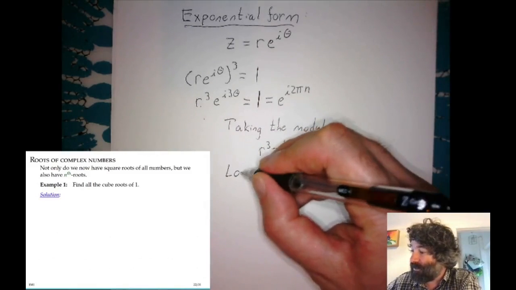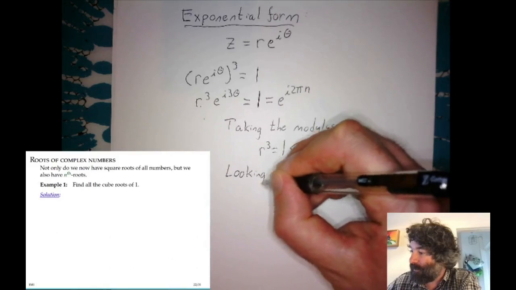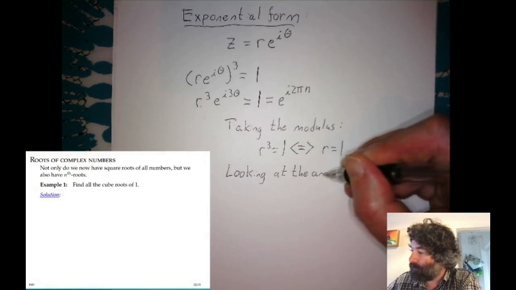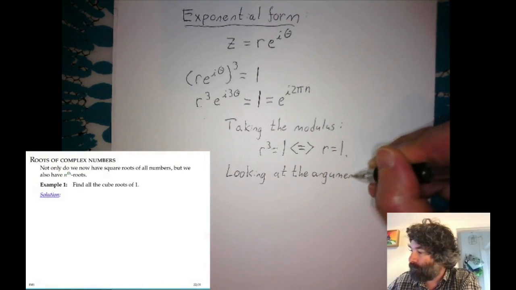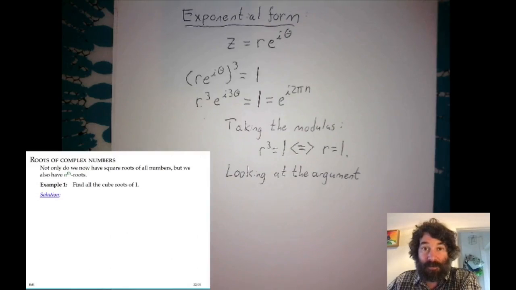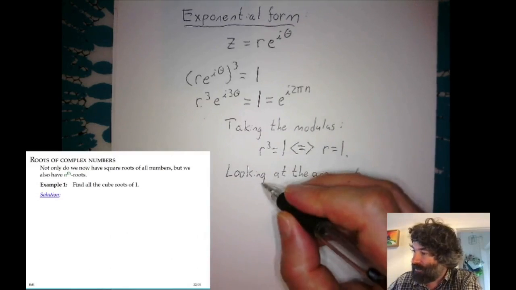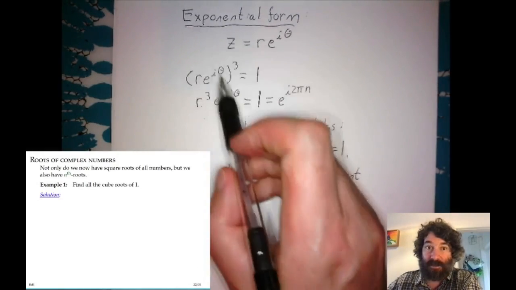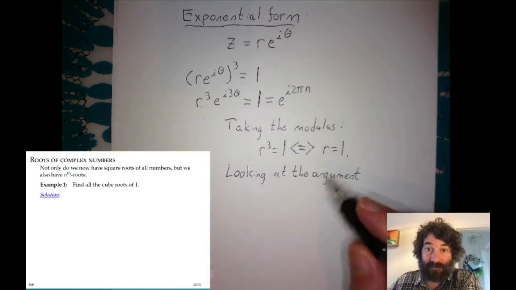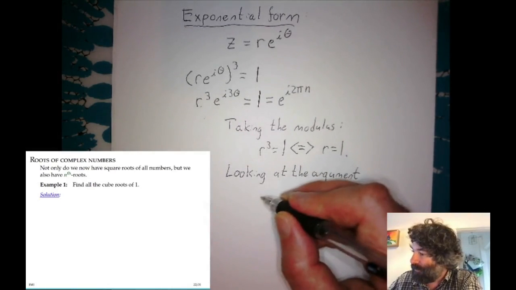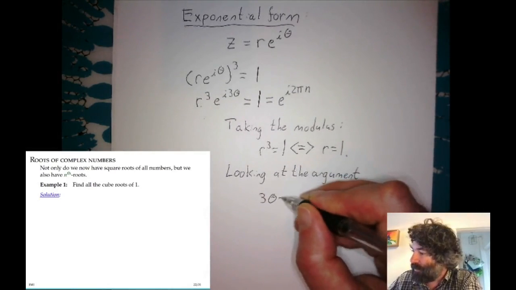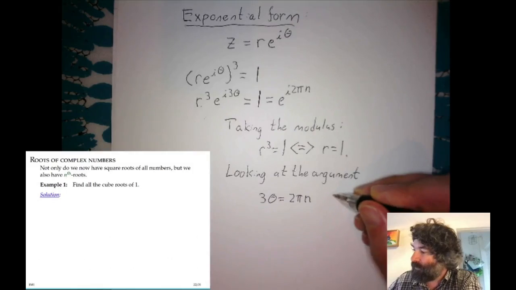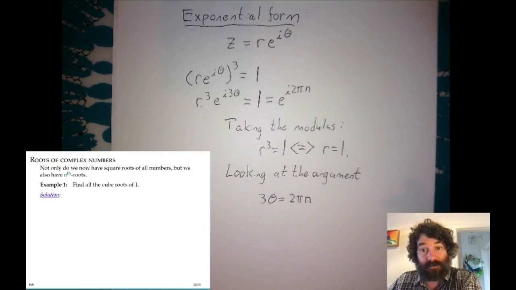So looking at the argument, we'll get a correct answer, a z that satisfies this equation, z cubed equals 1, if 3 theta is equal to 2 pi n, where n is an integer.